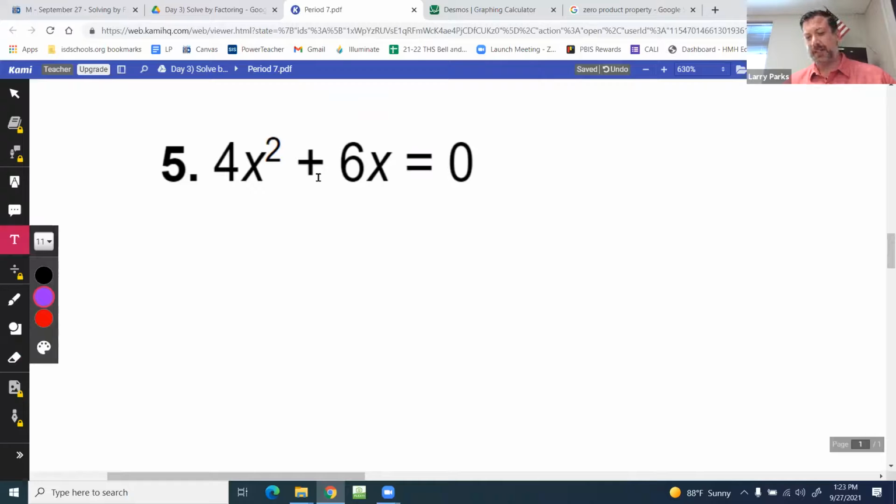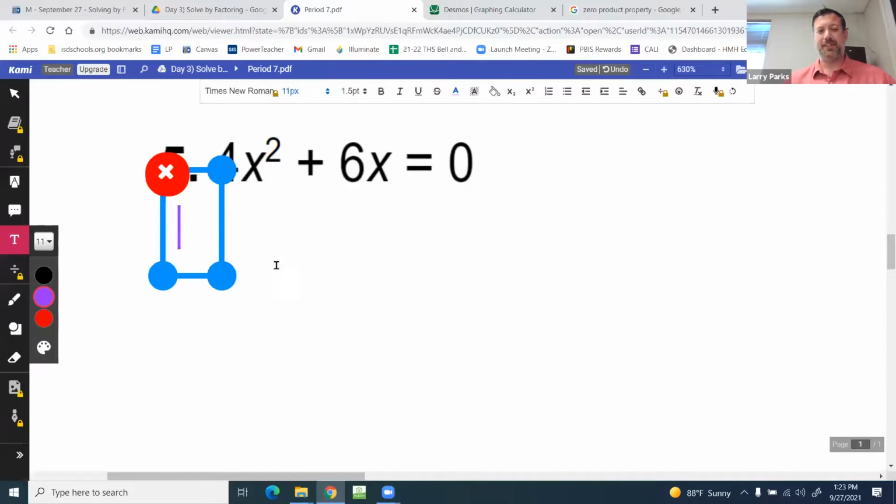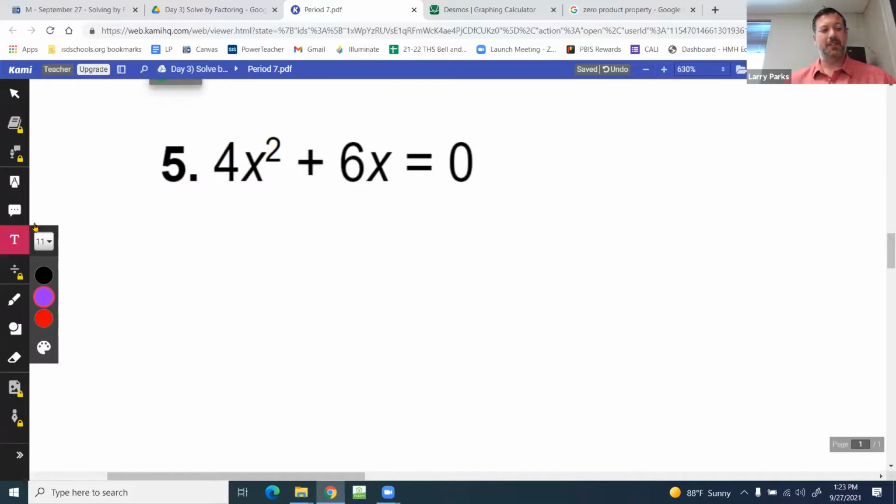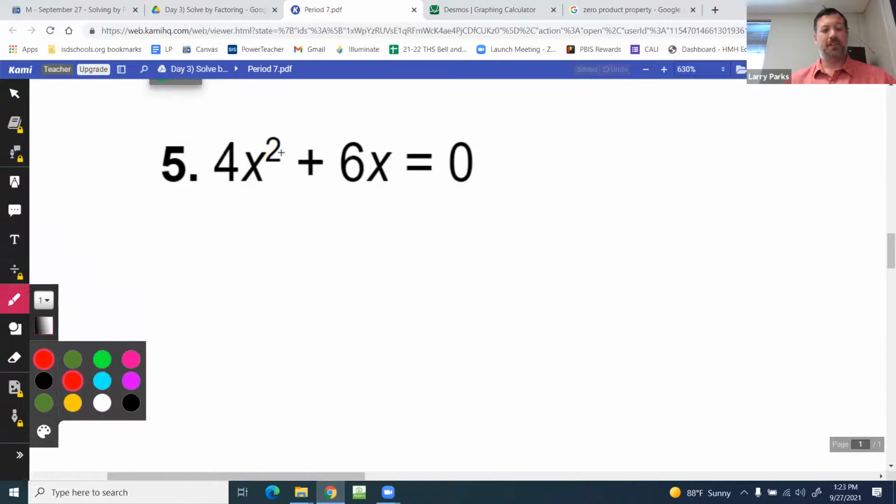That's not a minus, so that's not going to work. Or GCF. And looking at that, I go, you know what? There is a GCF. The GCF, if I think about 4x squared and 6x, the biggest thing that goes into both of those is 2x.